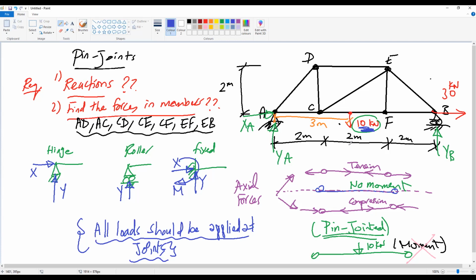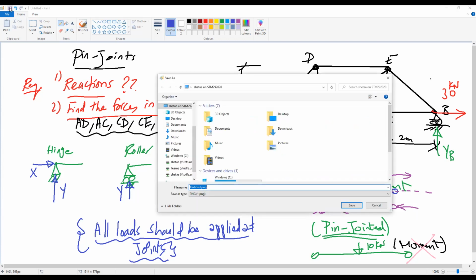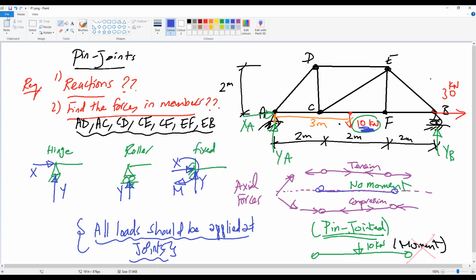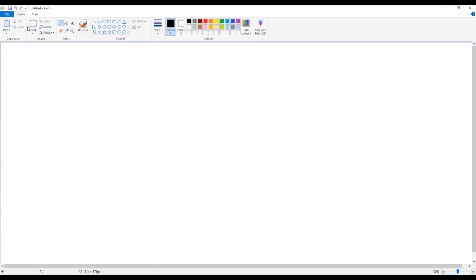Okay, so I will save this one. So now to proceed in this one, I will draw the truss again here. We have our truss here.